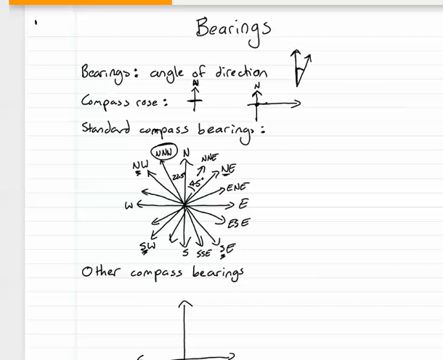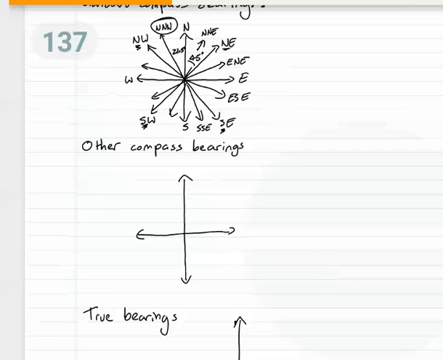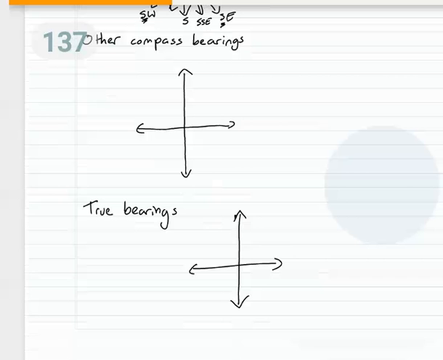Now our other compass bearings. These get given various different names, but the textbook at the moment calls them other compass bearings, so we'll do that.